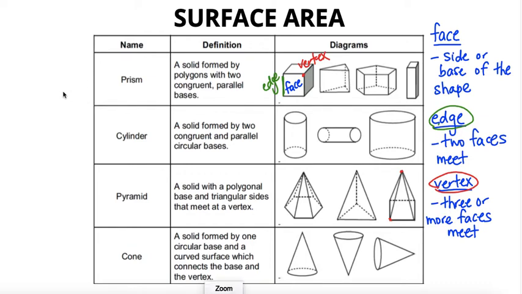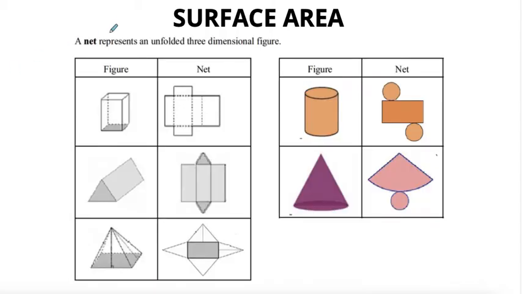When we're thinking about surface area, it's important to think about what makes up that shape. So when we looked at volume, we thought about how much can an item hold. But when we're thinking about surface area, we want to deconstruct that shape a little bit and think about what pieces make up the outside of that shape. It might be helpful to think about it in terms of a net.